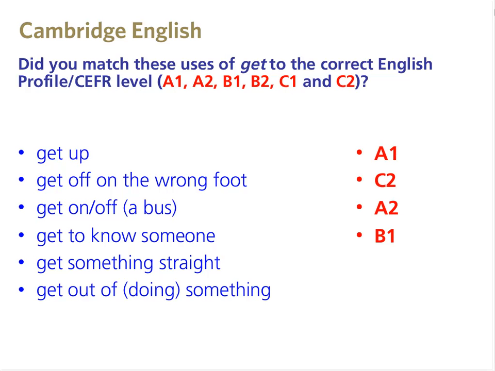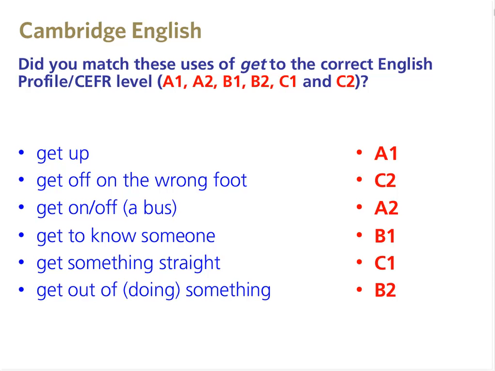Get something straight. Let's see what the most popular on the poll was. Again, this is going to be C1 mostly. C1 was the most popular. And again, correct. And finally, get out of doing something. The most popular was B2. Again, fantastic.